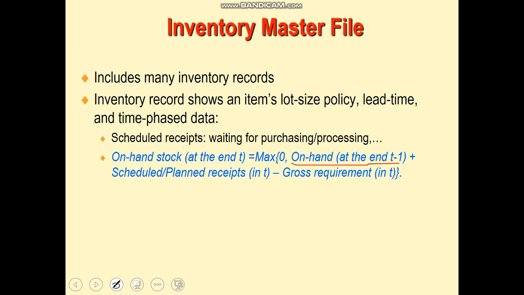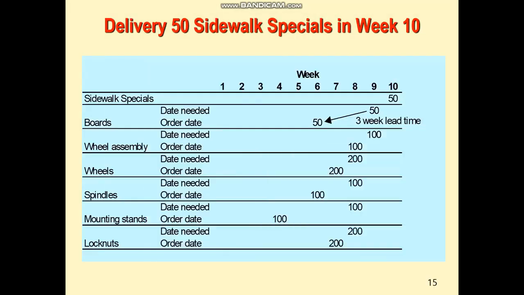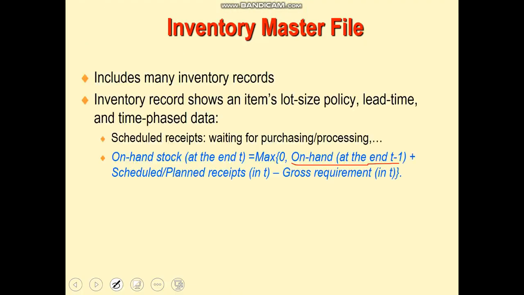So for example, we have 4 weeks, week 1, 2, 3, and 4. For example, the on-hand stock at the end of week 1 is 200. And in week 2 the scheduled receipt.